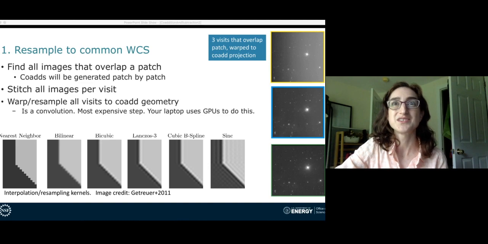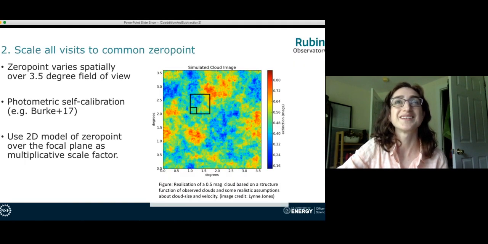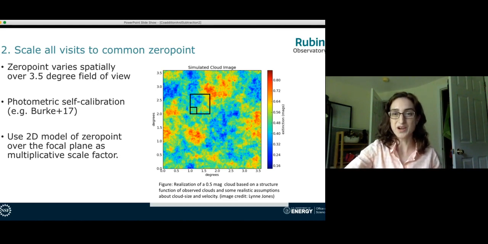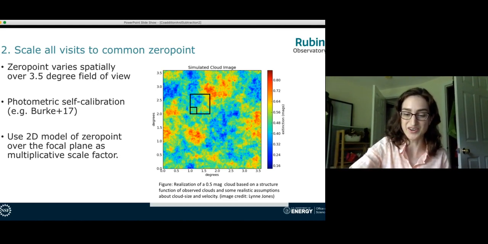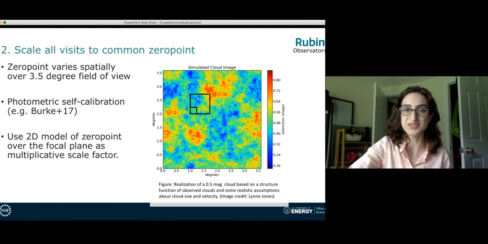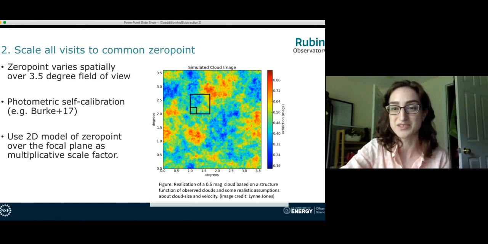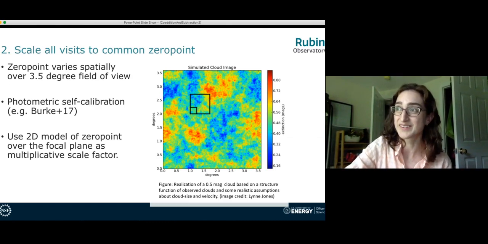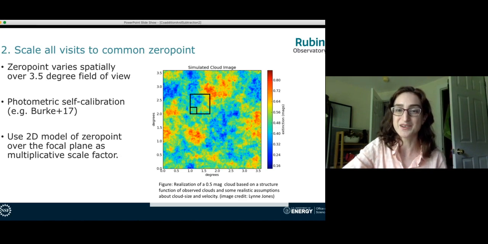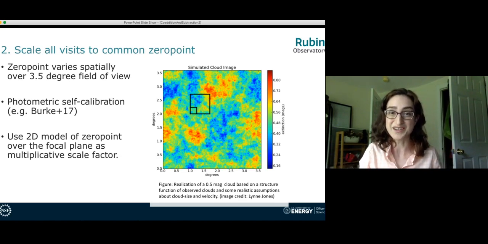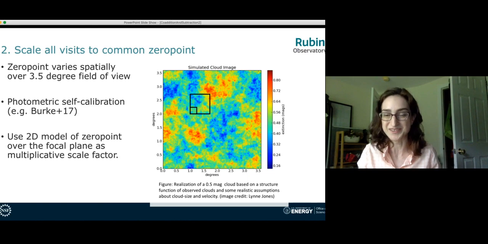Okay, once you have resampled to a common grid, that is a star that lands in one pixel in one image lands in that same pixel on every other image, you can now scale to a common zero point. The transparency of the atmosphere not only varies with time, it also varies spatially as well.